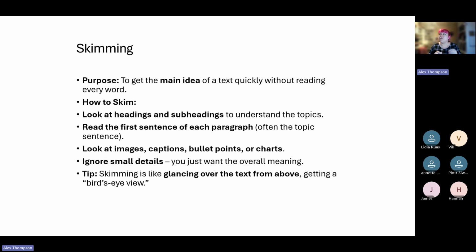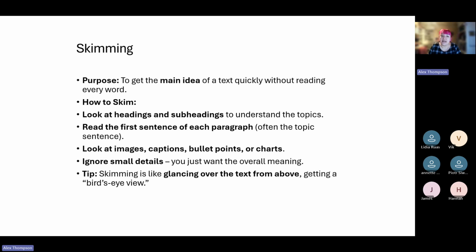So usually what I do is you look at headings, you look at subheadings, so that you can understand not only the topic, the subject as a whole, but then the more specific things that are being written about. You could read the first sentence of each paragraph, because that often gives you a very good idea of the further detail that's going to be given.